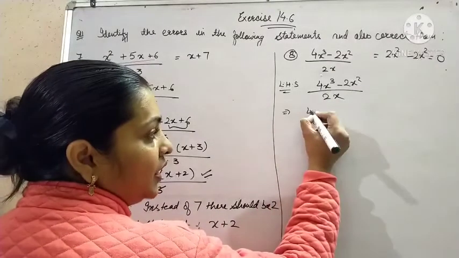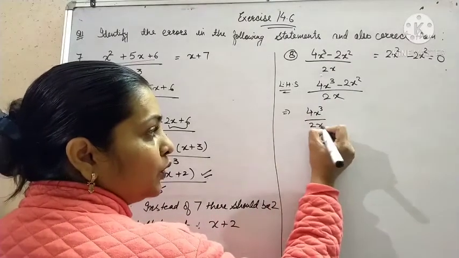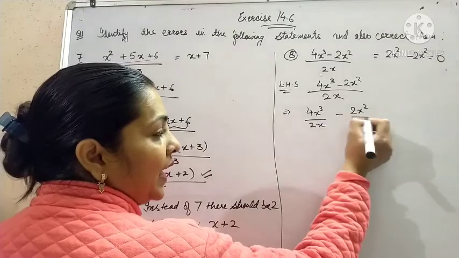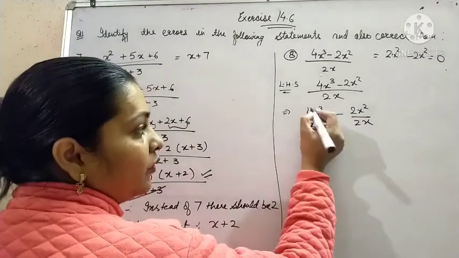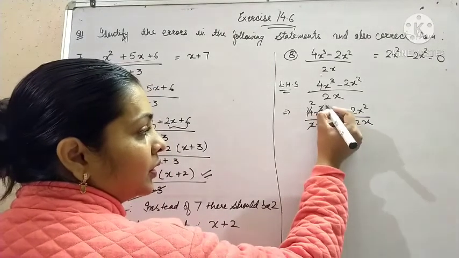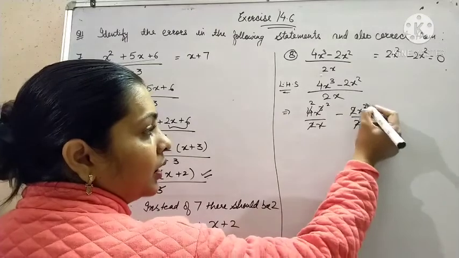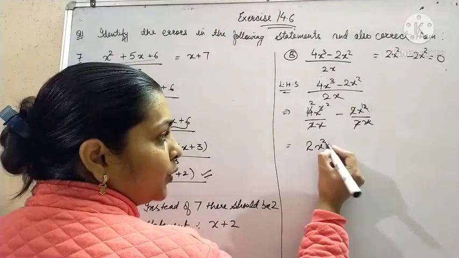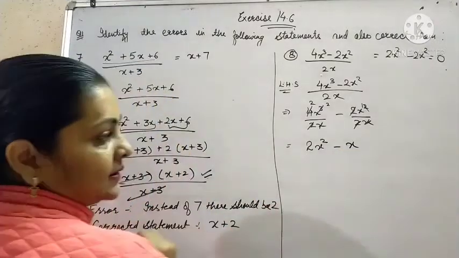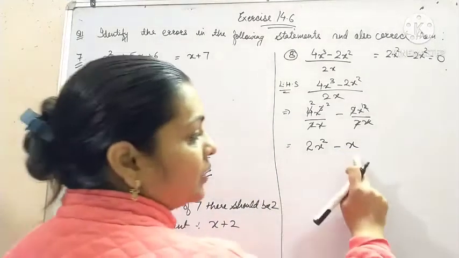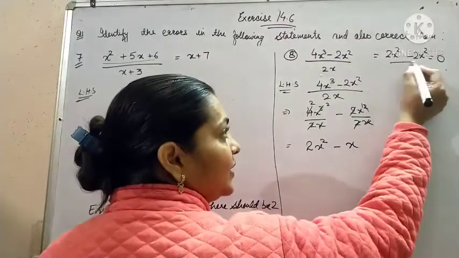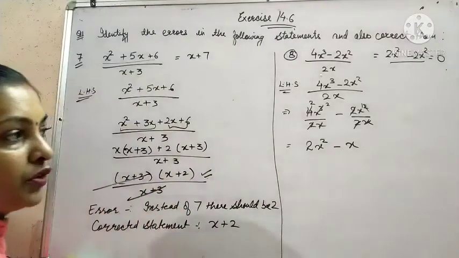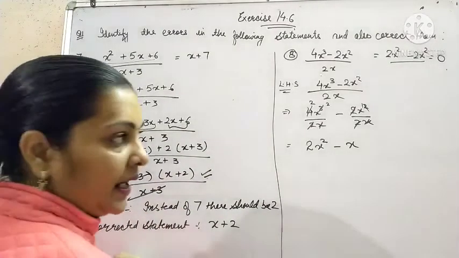That means we need to divide 4x³ by 2x and 2x² by 2x. What will we get? We will get 2x² − x.